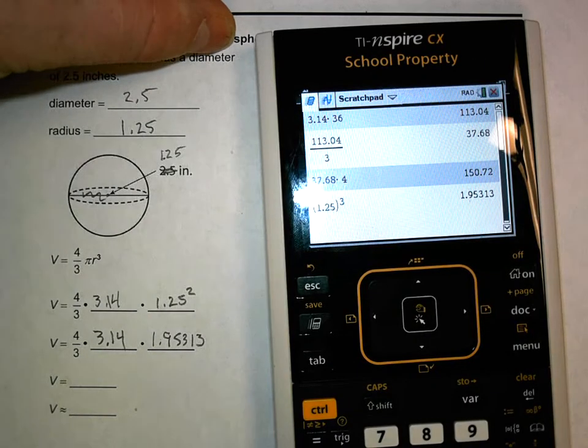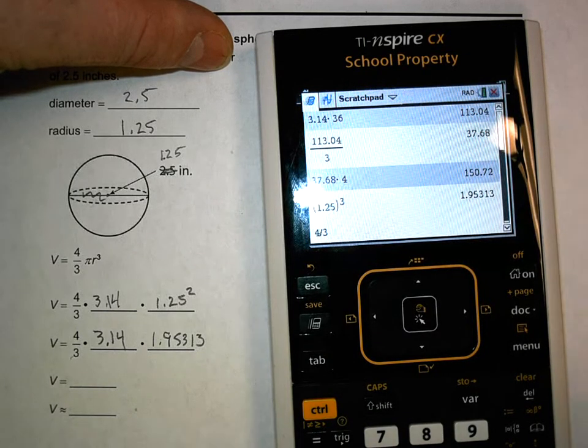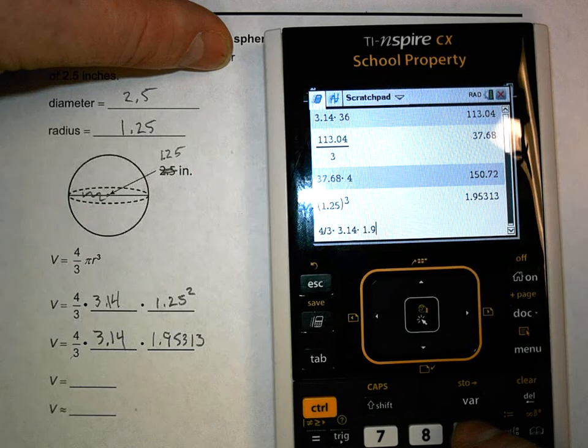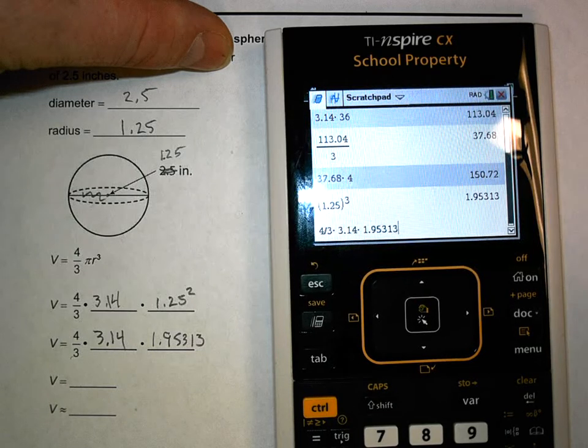So now I'm going to multiply that by 4 divided by 3, times 3.14, that's pi, times 1.95313, and hit enter.